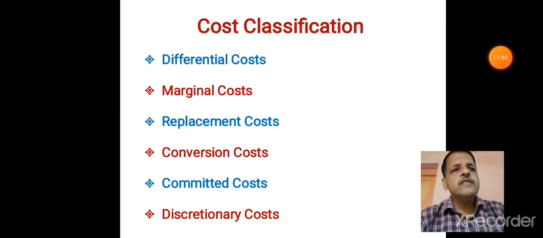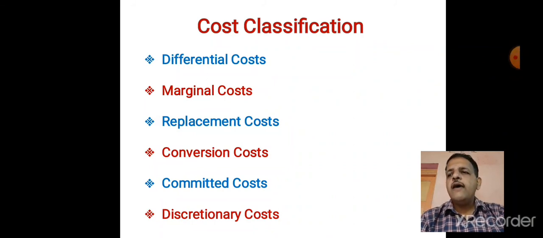Let us go towards another concept which is known as replacement cost. Replacement cost is the current purchase price of an identical asset. I have not said similar, it is identical. Let us see an example. Our old machinery was purchased for 1,50,000 in the year 2005.